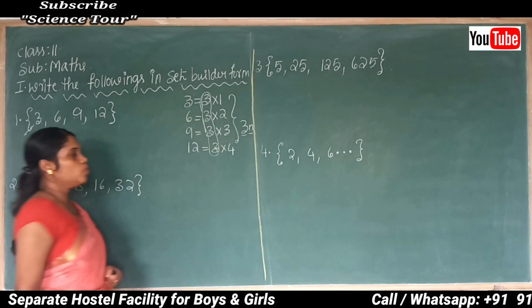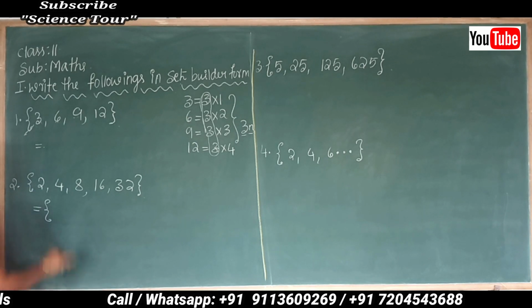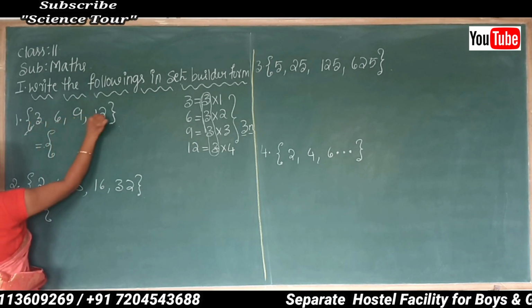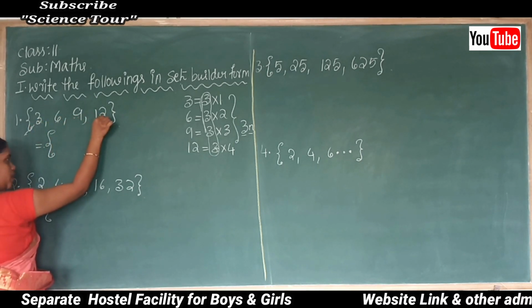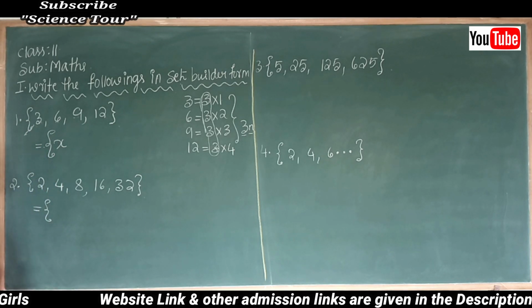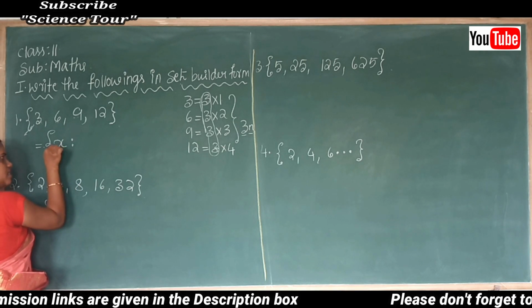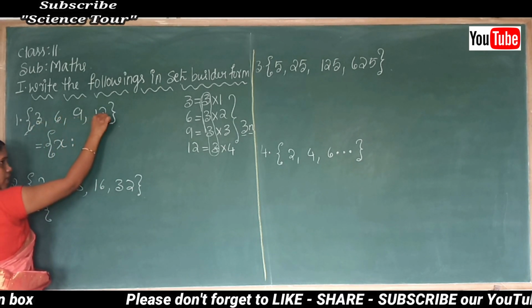Yes. So now, how to write this given set in set builder form? Set containing, instead of writing these 4 elements, I'll represent all 4 elements by the single letter x, such that what is the property of this x? x means these individual numbers.